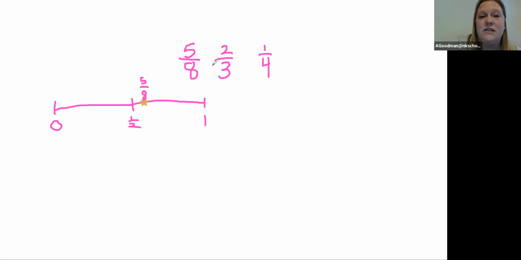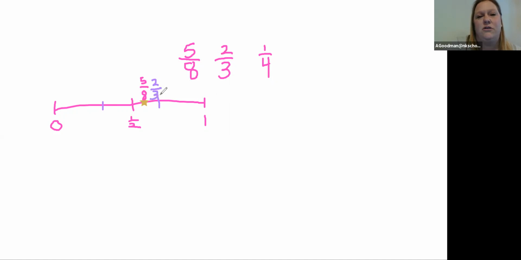All right, 2/3 is a little bit more difficult. So 2/3, you're going to have to think in your head, if I were to split this whole thing into thirds, and you could actually even split it in thirds. So 1/3 might be right here, and 2/3 might be right here. And so 2 of those thirds would be about right here.